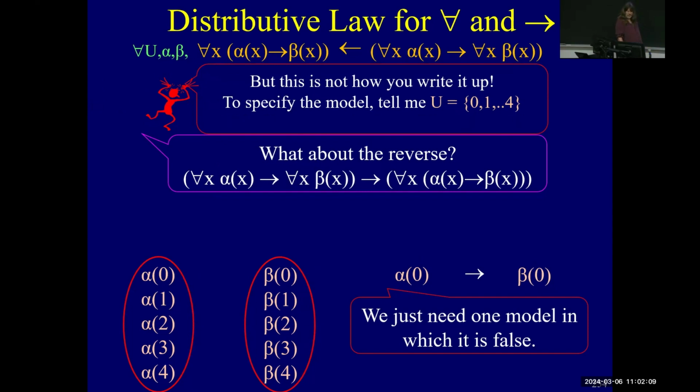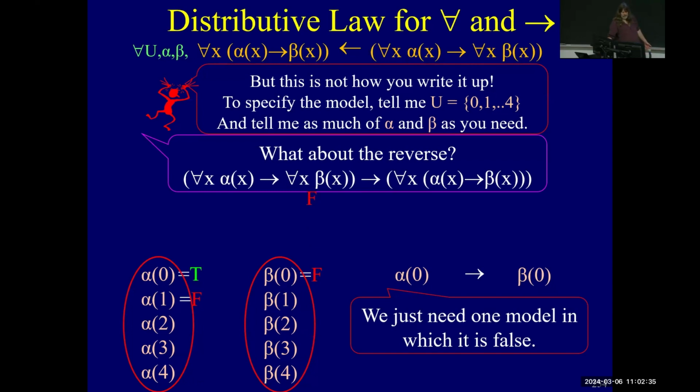So now I guess we'd say, well, we worked that out. How do we write it up? Well, we have to specify the model. So I have to tell you that my objects are 0 through 4. I have to tell you what my alpha and beta are. Well, I don't have to tell you all of it. I tell you just as much of it as I need. So I tell you these values. And then I crank in.